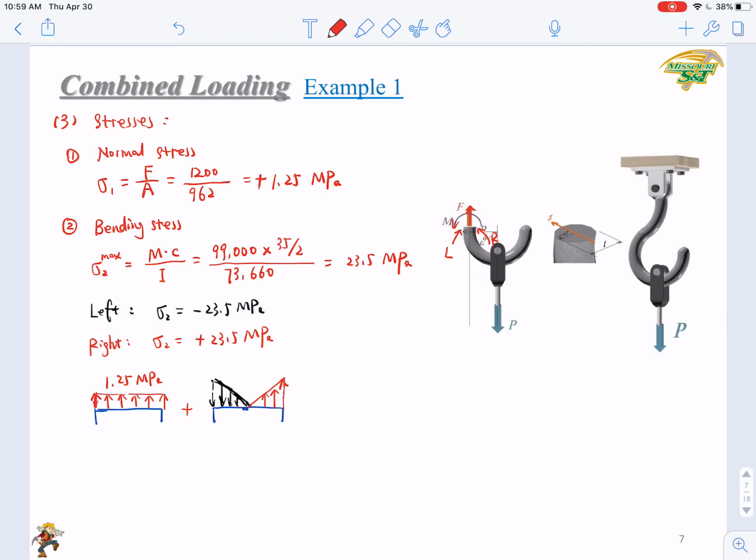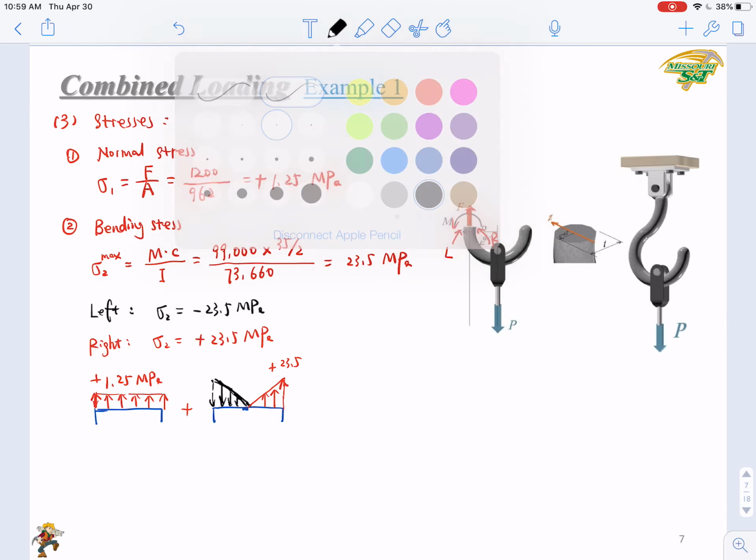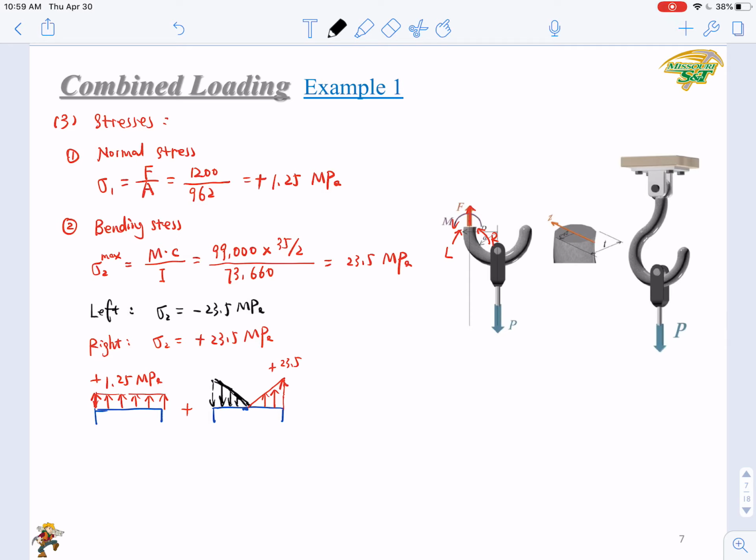Okay, so here is positive 23.5, and on the left-hand side the maximum value is negative 23.5. What is the result? What is the combined effect?